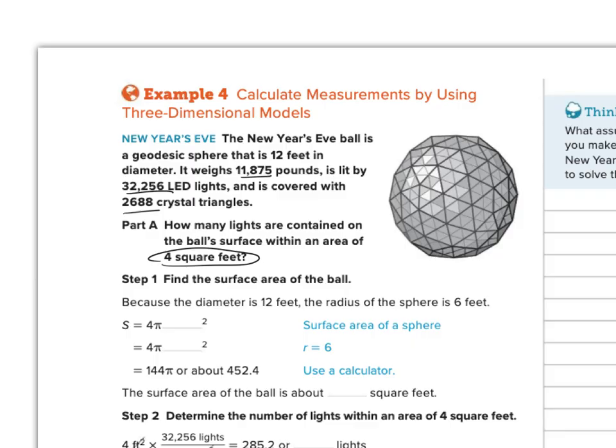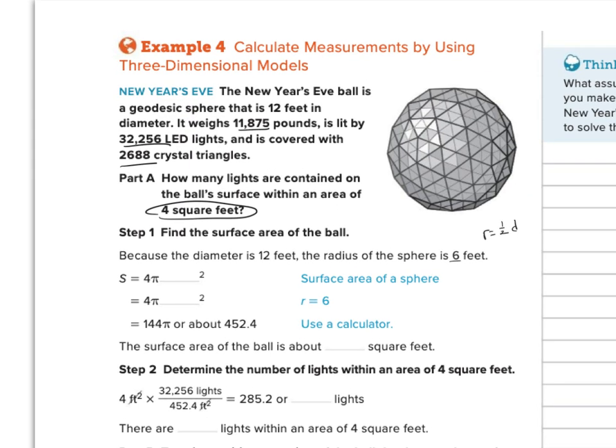So finding the surface area of the ball. Because the diameter is 12 feet, the radius is going to be 6, right? Because your radius is 1/2 of your diameter. The surface area should be what? 4 times pi times r squared, where r is 6.